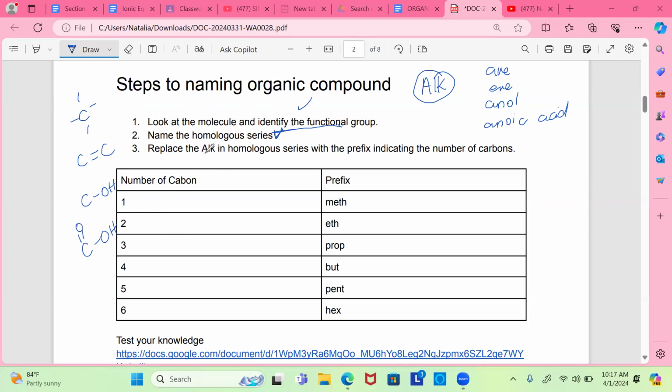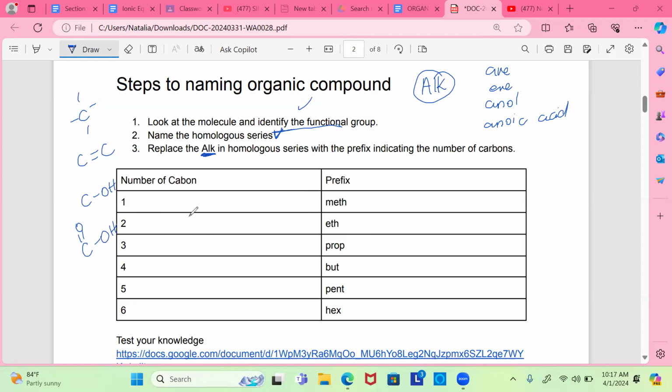So when we identify the functional group, we're going to name the homologous series. Then the Alk in the homologous series, we are going to replace with the prefix which indicates the number of carbon that we have. One carbon in the molecule is known as meth.